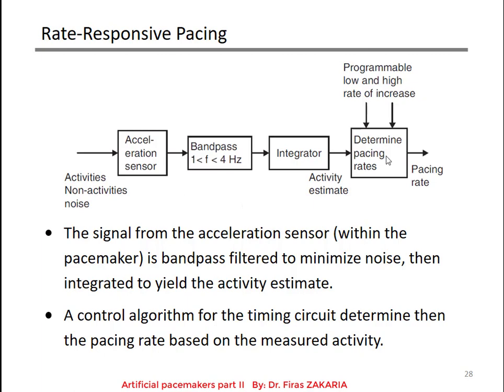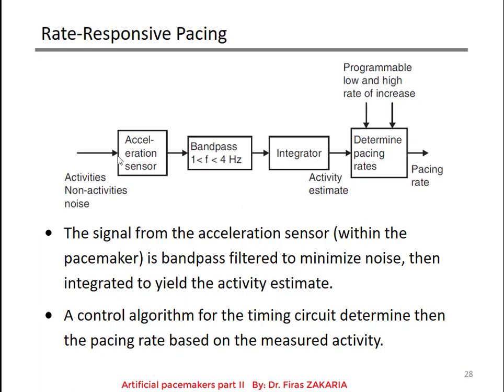We have here a control algorithm for the timing circuit, which determines the pacing rate based on the measured activity. At the output of this block diagram, we get the pacing rate, how much the pacing rate must be. So we obtain the result according to the activity measured by the accelerometer.